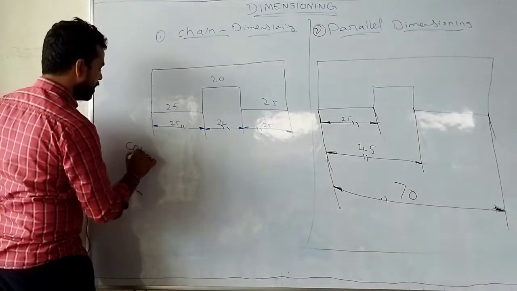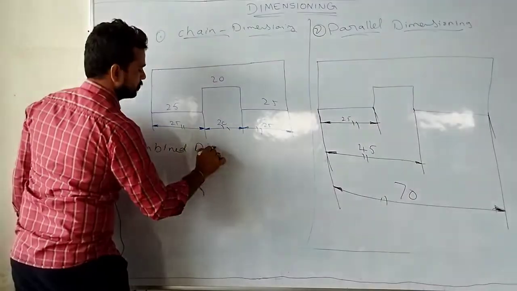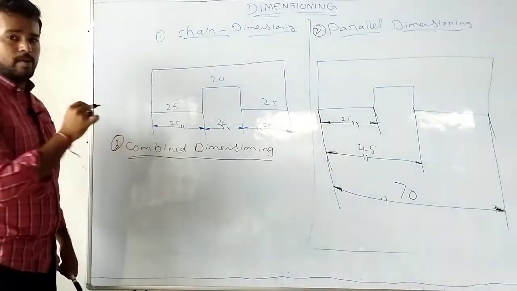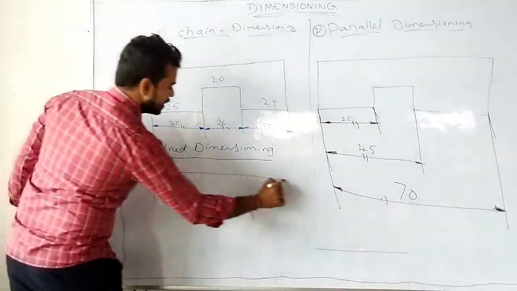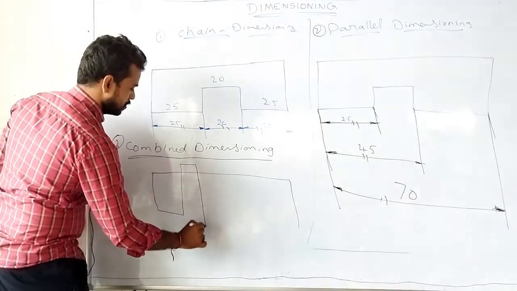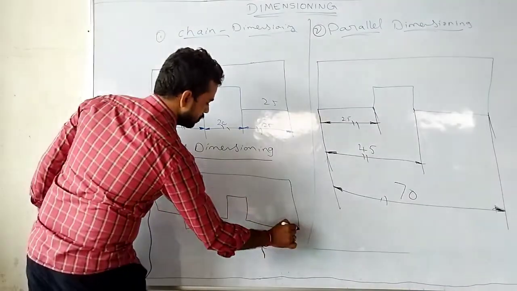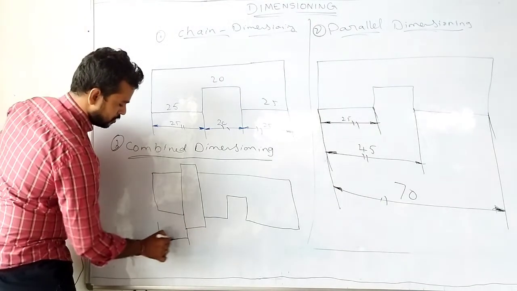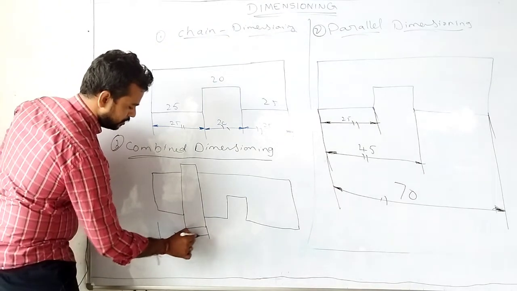Next thing is combined dimensioning. The third one. Okay, in combined dimensioning, what will be there is the combination of both. Okay, so the diagram will be like this. Okay, so this is chain dimensioning.